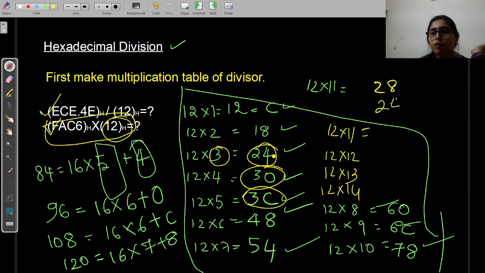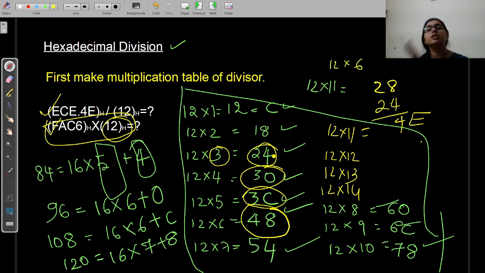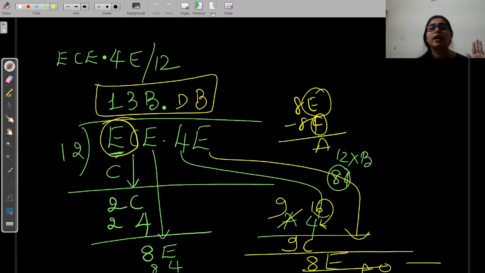Then I will take 24, subtract this and I will get 4. Suppose now I got 4E, next value. Refer to the table. Now you can see 48 is less than 4E. So multiply it with 6. Okay, so this is how the quotient is formed in hexadecimal division. So just try this. Okay, so this completes hexadecimal addition, subtraction, multiplication and division.